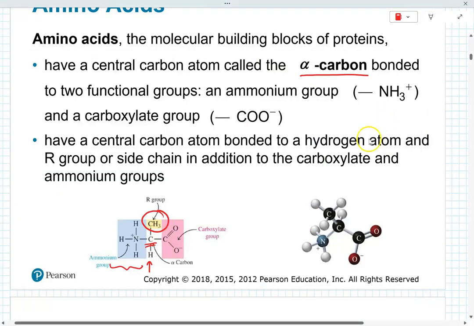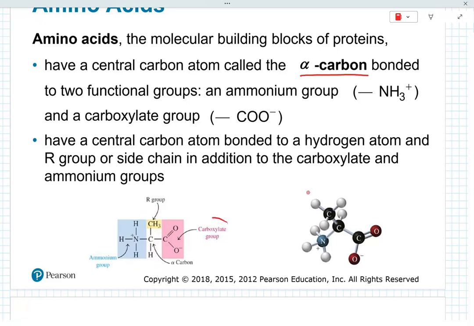So before we move on, here's what I want to emphasize. All amino acids, with one tiny little exception, have the carboxylate group, the alpha carbon, and the ammonium group arranged in that way.